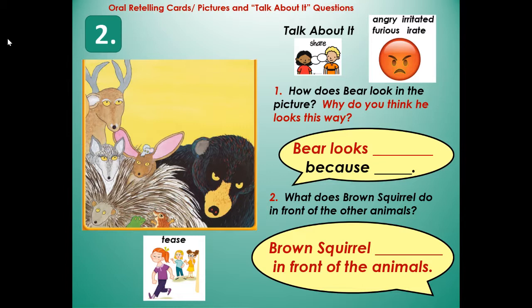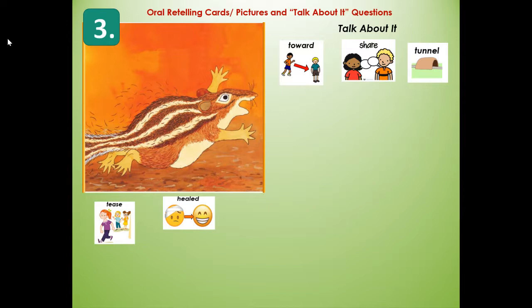Brown Squirrel is teasing Bear in front of the other animals and saying, ha ha, the sun still rose and you said it wouldn't. You said you could do anything, but the sun still rose. And I think this makes Bear embarrassed as well as angry because Brown Squirrel is being disrespectful in front of the other animals. All right, so we've got some vocabulary: tease, healed, toward, tunnel.